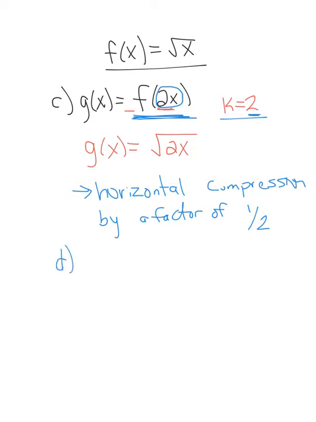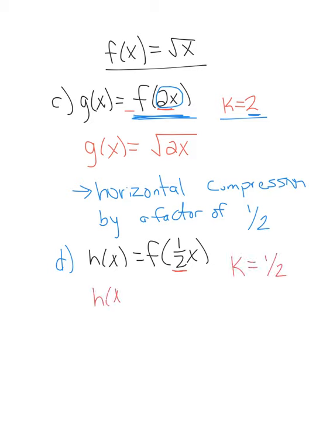Part D says h of x is equal to f of 1/2 x. So again, we're seeing that this is in my function. This is with the x. This is a k of 1/2. So this means that h of x is equal to the square root of 1/2 x. Now, we know that this is a k.